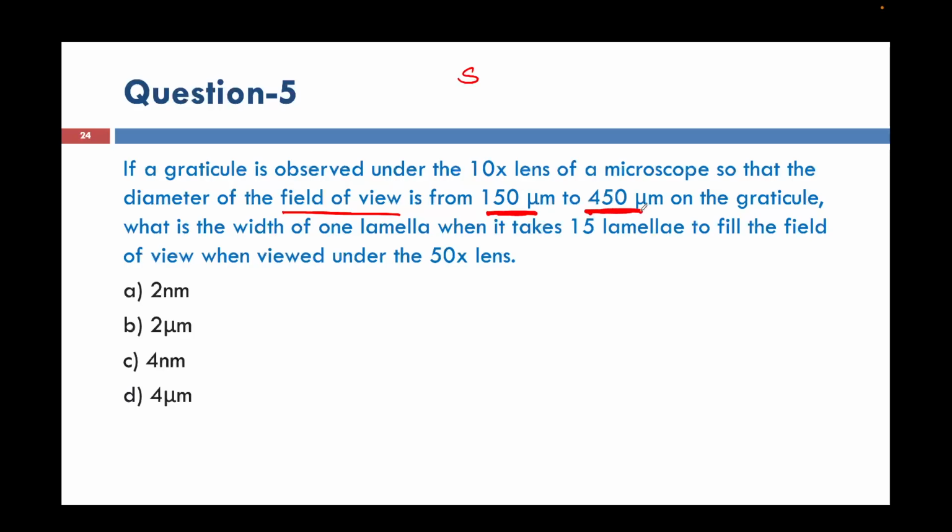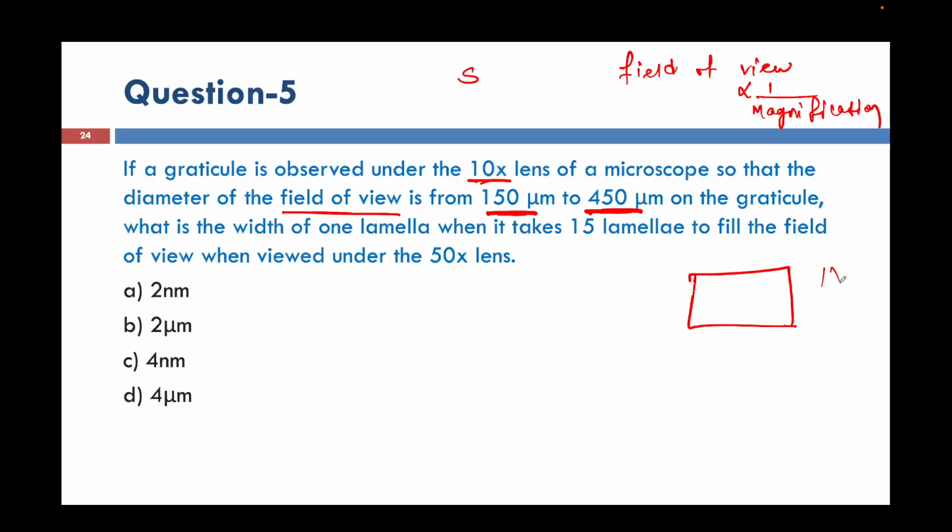The field of view changes when we are using a 10x lens. The field of view is inversely proportional to the magnification. When I am seeing an object at 1x magnification, I am able to see the entire rectangle. But when I go to 10x magnification, I might not be able to see the entire rectangle, only a partial rectangle.